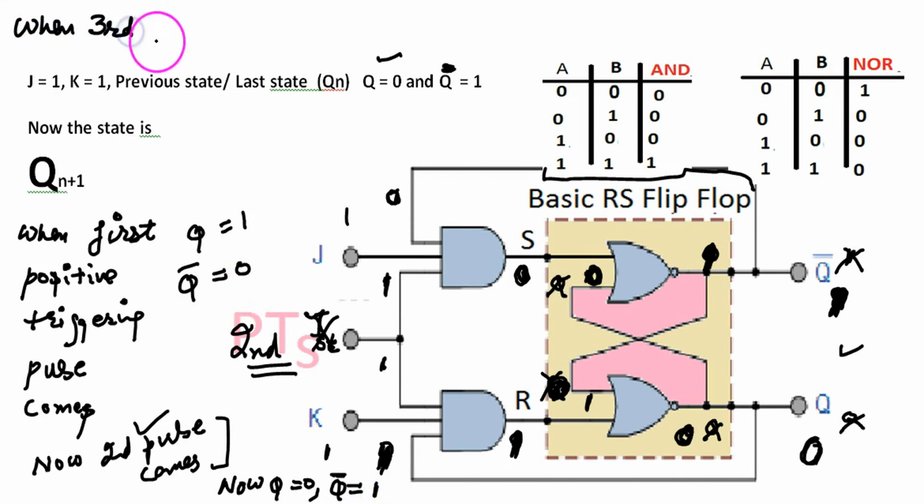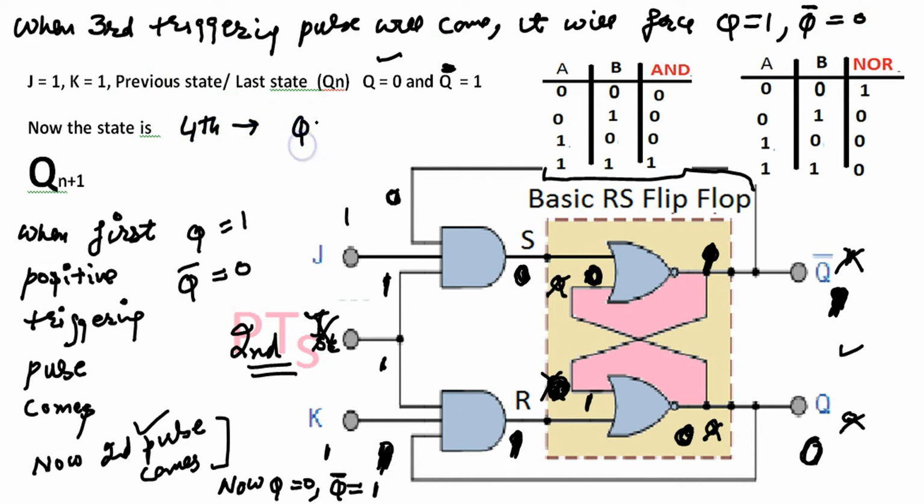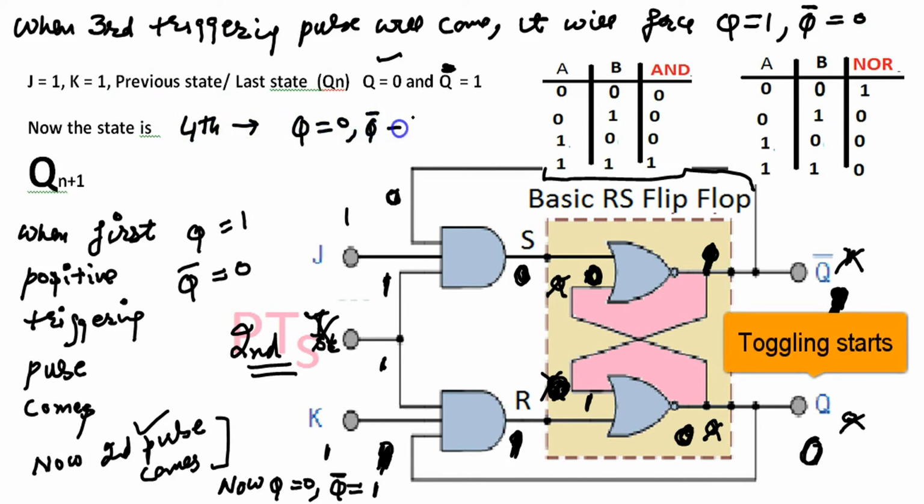Now when the third triggering pulse comes, what happens? When the third triggering pulse comes, it toggles again. It will force Q to 1 and Q complement to 0. When the fourth comes, it forces Q to 0 and Q complement as 1.